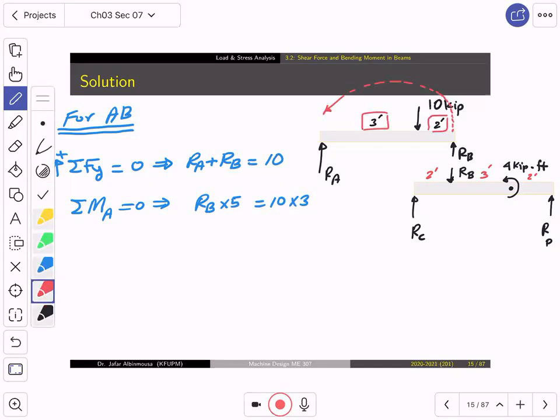But the 10 kilo-pound is in the opposite direction, and it is that force multiplied by 3. Very simple. Now, if we solve these together, we will get RB equal to 6 kilopound and RA equals to 4 kilopound. Yes.